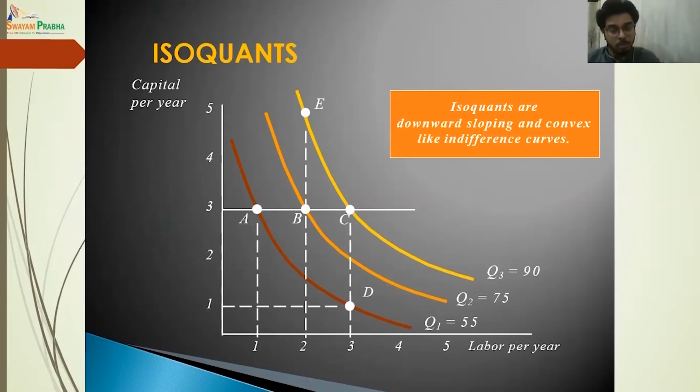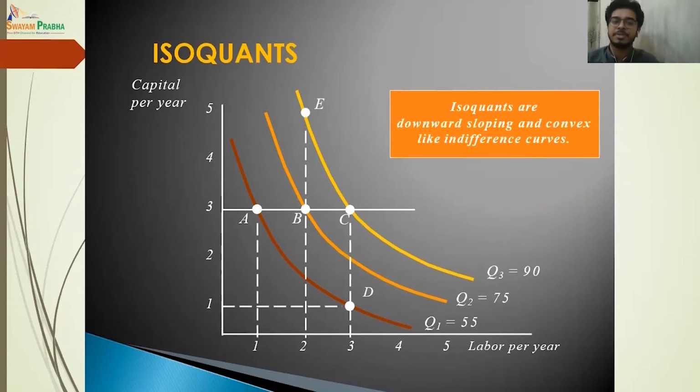In Q2, they will produce 75 units of output, whereas in Q3, they will produce 90 units of output. And of course, the labor and capital composition is changing. That is where the production is increasing.